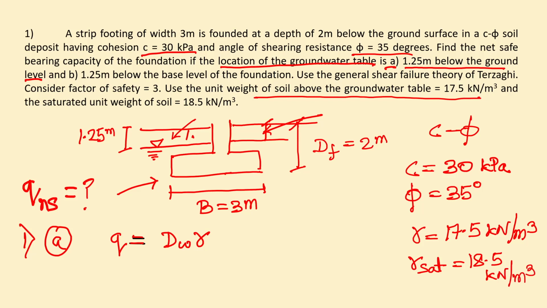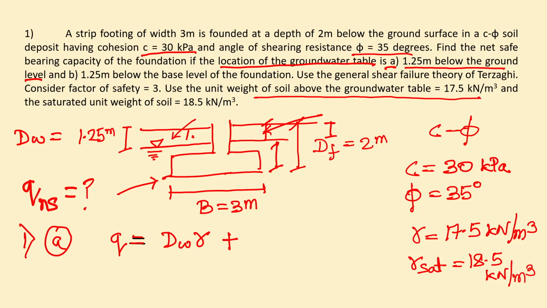Okay, so we need to find out the effective surcharge at this point, that is at depth Df. The depth of the groundwater table is dw. So dw into gamma, plus, for this phase we must consider the submerged unit weight.